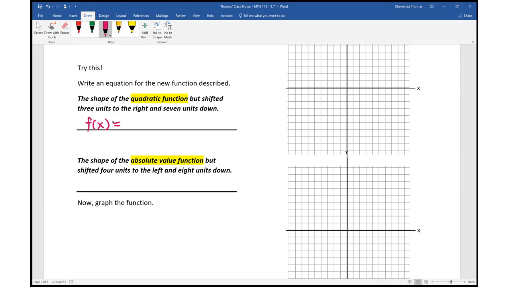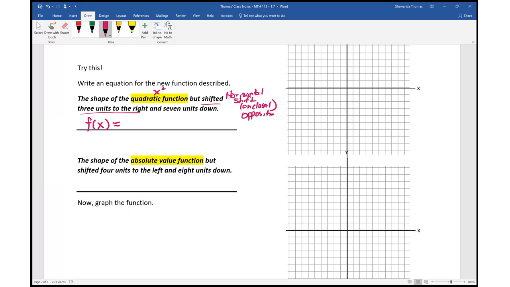Now let's break this down. The shape of the quadratic function. We know the parent function is x squared. f of x equals x squared. But shifted 3 units to the right. If it's going left or right, that's horizontal shifting, so we know it's going to be enclosed inside of something, and it's going to go opposite of what we think.